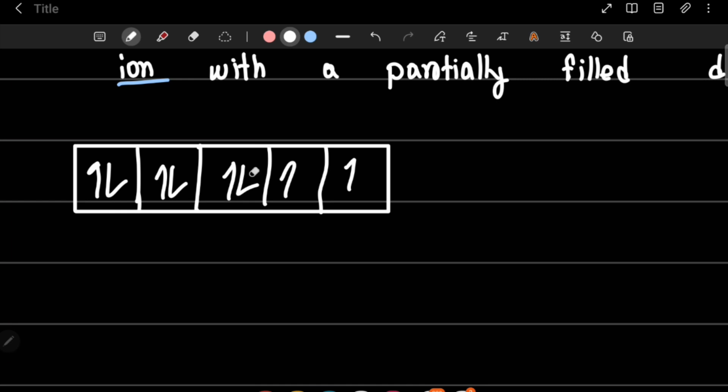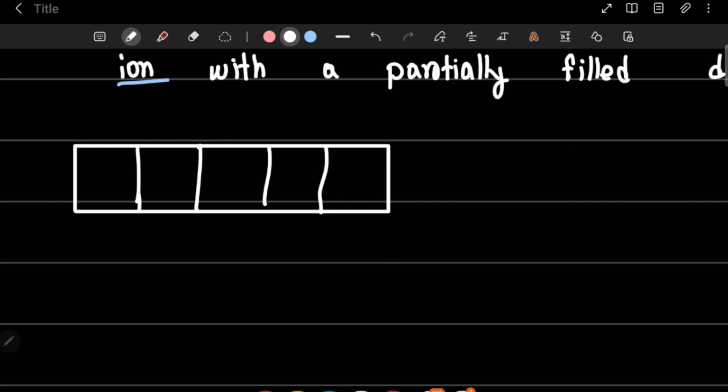We are only using 8. We are only using 7, 6, 5. So it's still incompletely filled. We can go on until there's 1. However, if we have 0, this is not partially filled. This is a completely empty d subshell. So this won't work.